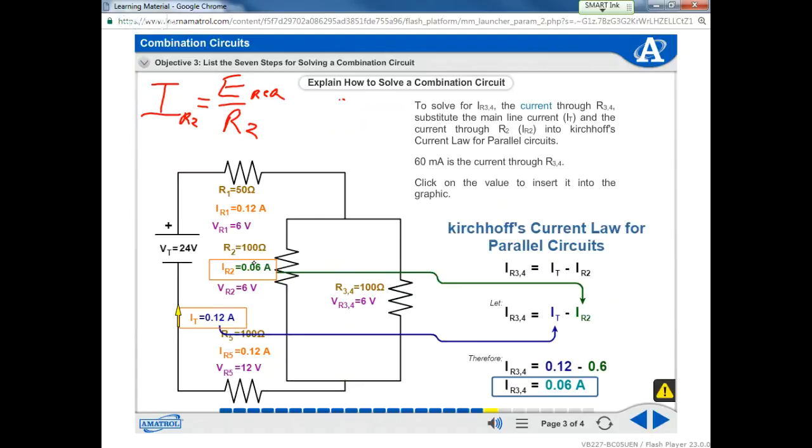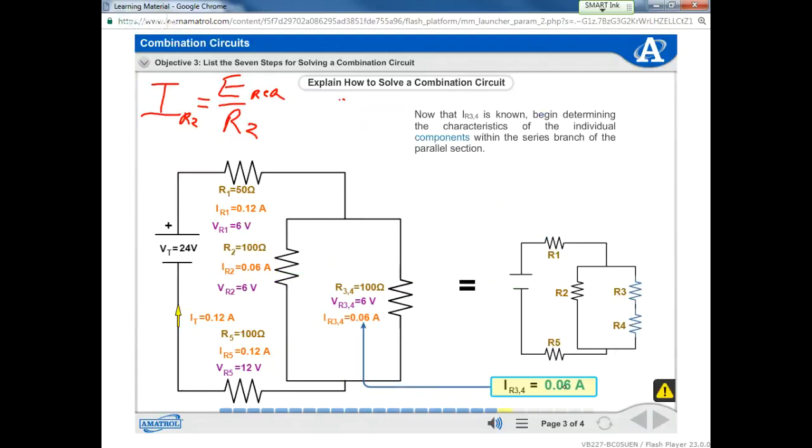So let's go ahead and put this in here. Now that I sub R3, 4 is known, begin determining the characteristics of the individual components within the series branch of the parallel circuit. Click on the equivalent resistor R sub 3, 4 and split that into the resistors it represents. What values are we going to use to determine that?